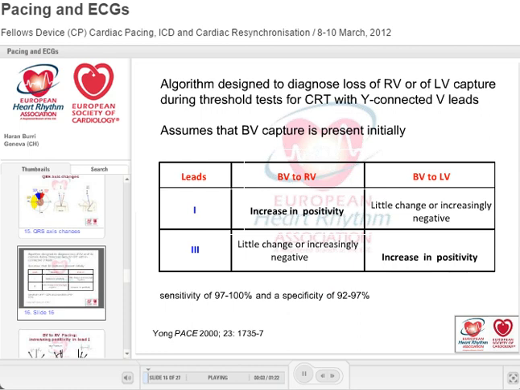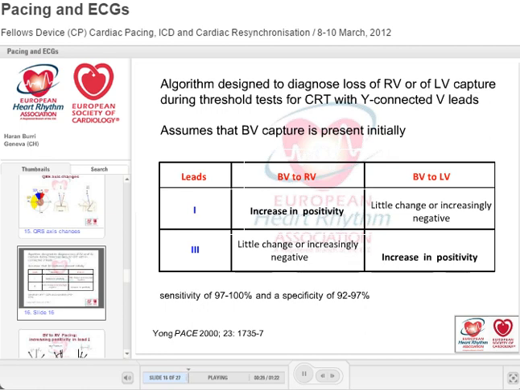And there was this algorithm that was devised 12 years ago, published in PACE in 2000, used essentially for threshold tests, because in those days, CRT pacemakers had, in fact, a Y connector. So you had a common LV and RV channel that had a Y connector within the device.